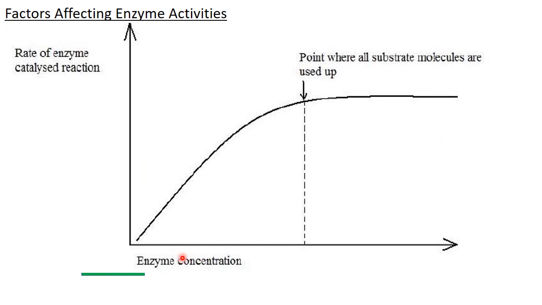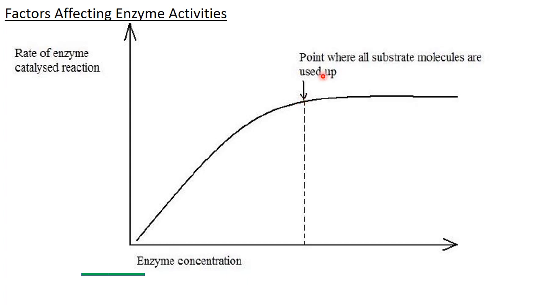So again, we have enzyme concentration and rate of enzyme catalyzed reaction. I think I made a mistake. It's supposed to be substrate concentration. So as you increase the substrate concentration, the rate also increases. But a point is reached where there are no more active sites for substrates to fit in.